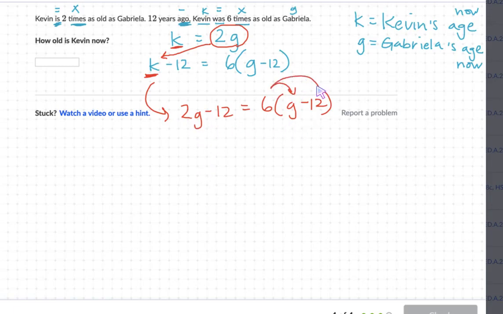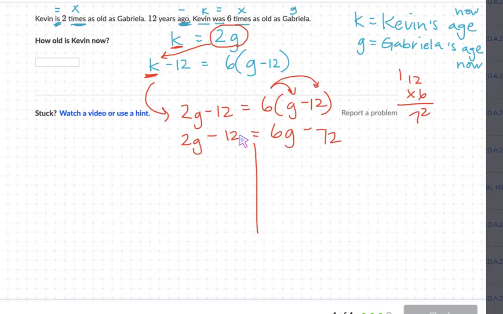I have parentheses, so I'm going to multiply that through. So I end up with 6g minus 6 times 12 is 72. And then I can combine like terms on the same sides, but I don't have any, so I'm going to start moving my smaller g to my larger g side. 2g cancels.